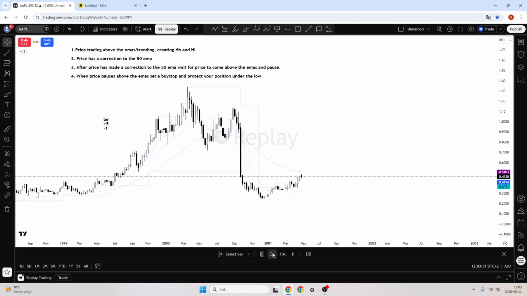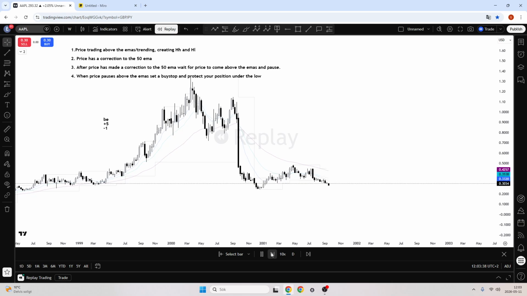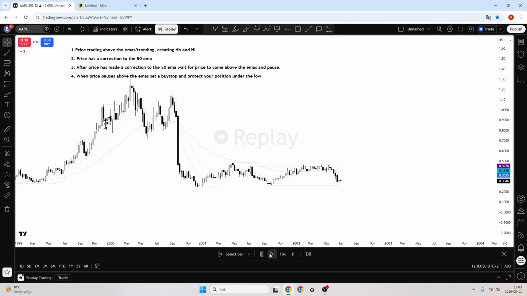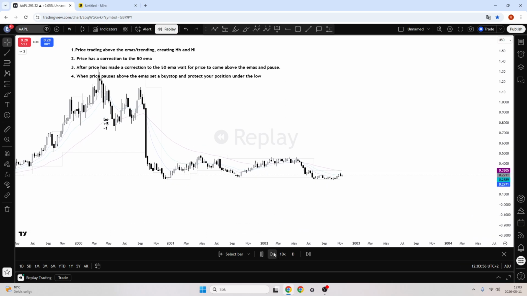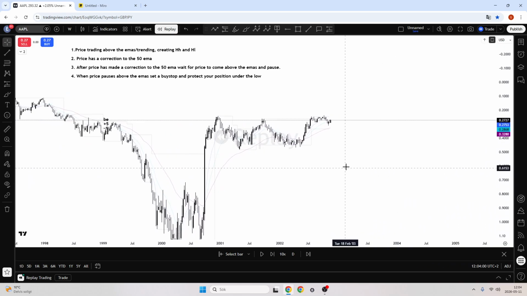So let's wait for structure to build up again. Let's see, we don't really have a good structure here.